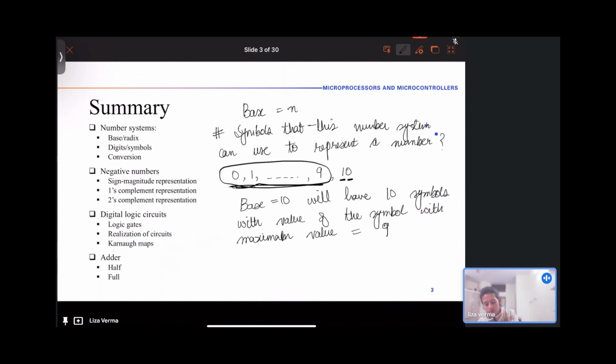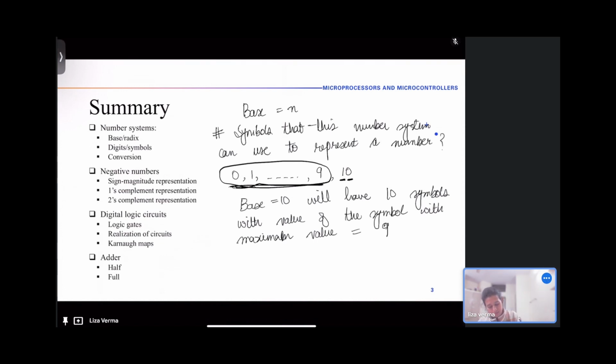So for a general case of a number system with base n, the maximum value will be n minus 1, and the number of symbols will be n, and the symbols will be 0, 1, 2, up till n minus 1, right? So these are the digits and symbols that can be used.